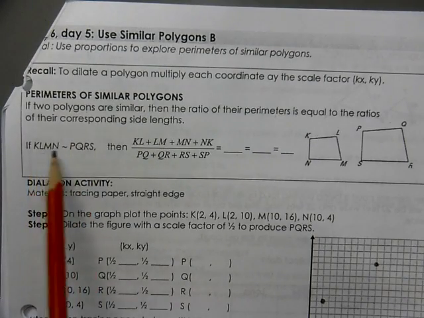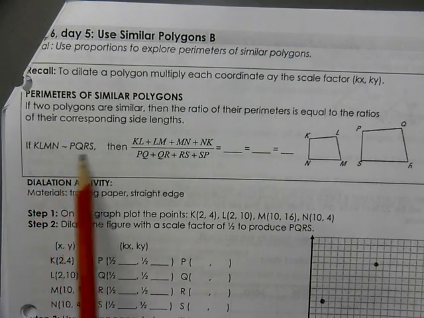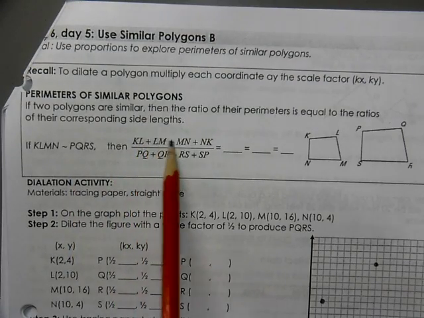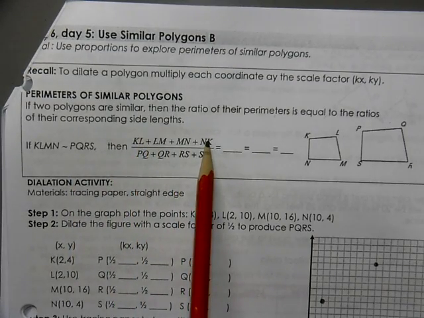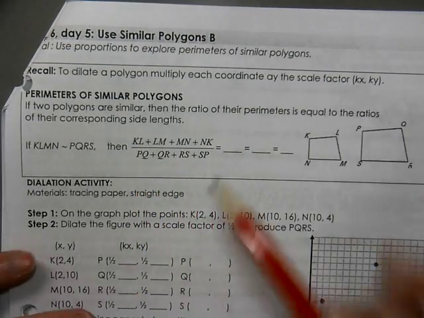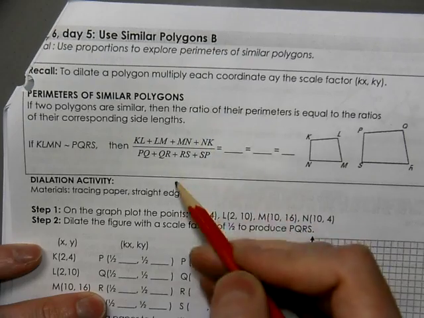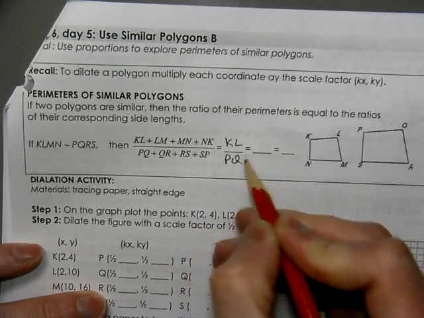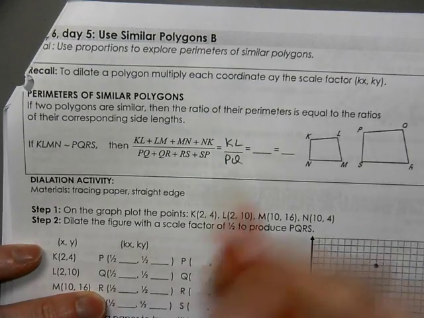This points out that if these two quadrilaterals are similar, then you can do the perimeter of one of the quadrilaterals with the perimeter of the other quadrilateral, and when you reduce it, you're going to get the same thing as if you just worked with one set of corresponding sides.